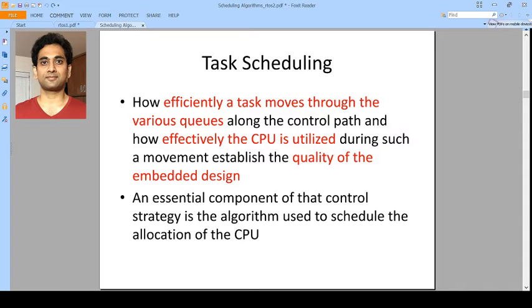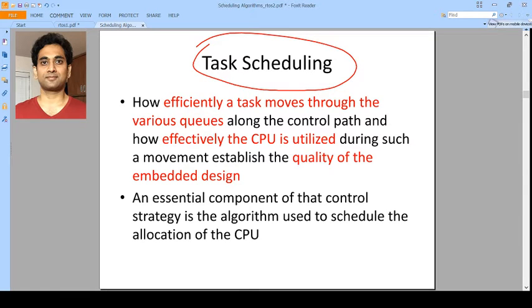Now, having an idea of different definitions of time, absolute and relative time, and other key definitions, hard real-time and soft real-time definitions, let us delve a little bit deeper into the idea of task scheduling. So this is extremely important.